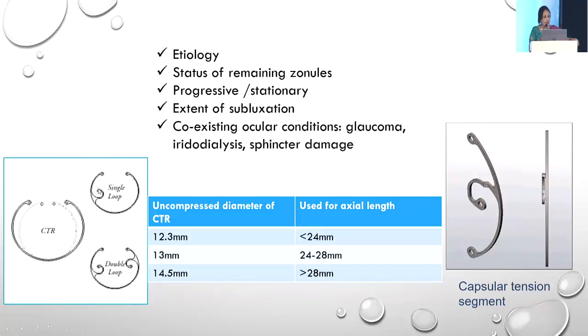Then there are devices with eyelets which are tied on to the sclera. It may be a single eyelet or a double eyelet, that is the double Sioni. Recently there is another device called the capsular tension segment, which I find more useful because it is a very small device, goes through a very small port and does not injure the zonules while you insert. So this is one of my favorites.